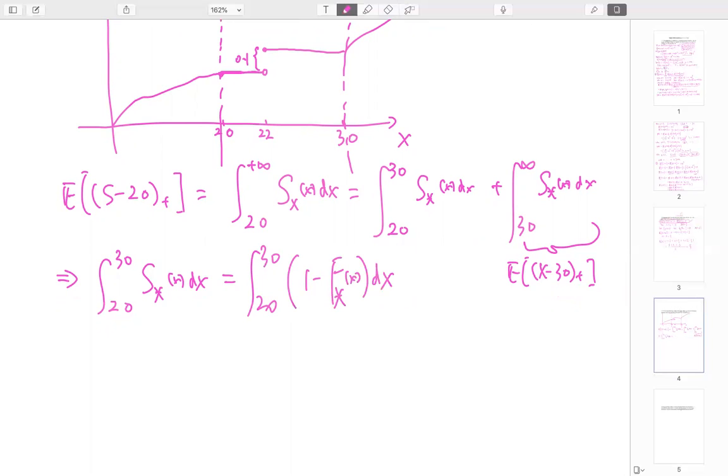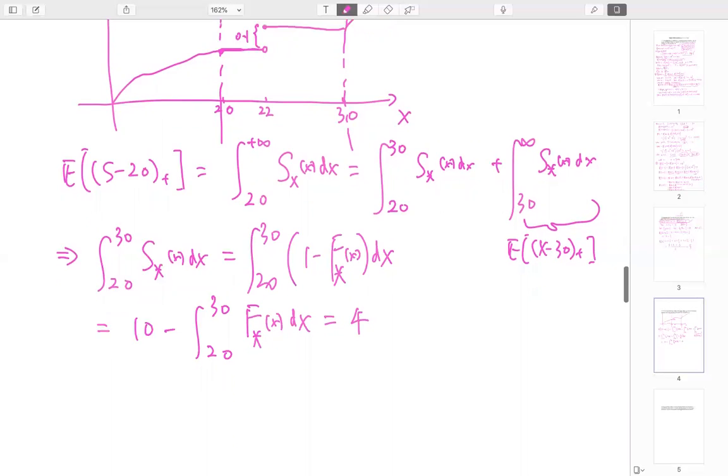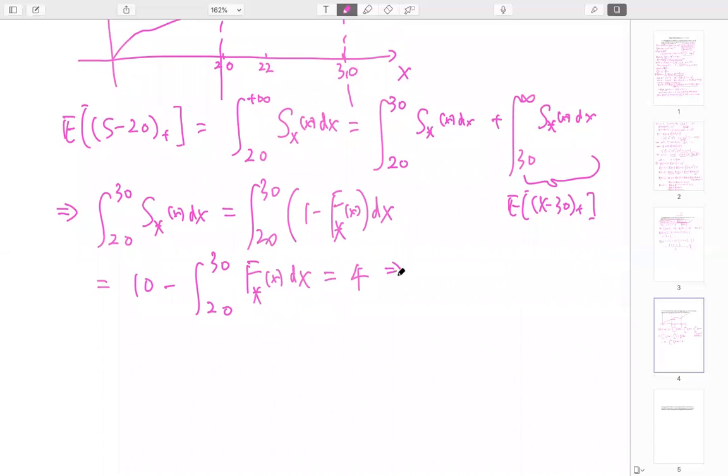Right, this is nothing but the definition, and then I will know this is not 10. This is 10 minus the integral from 20 to 30 of the CDF, which equals 4. So which means the CDF part is actually 6.